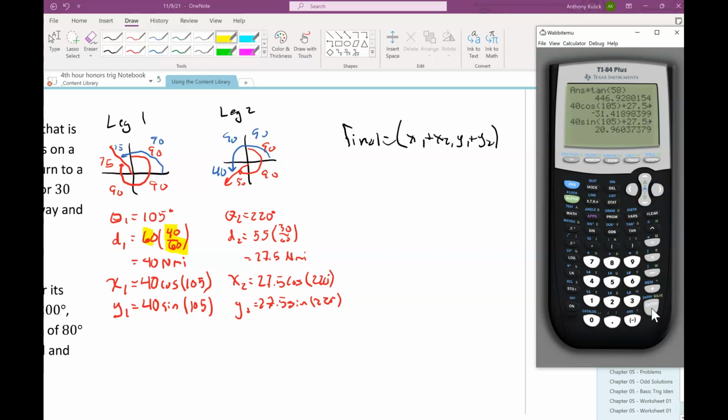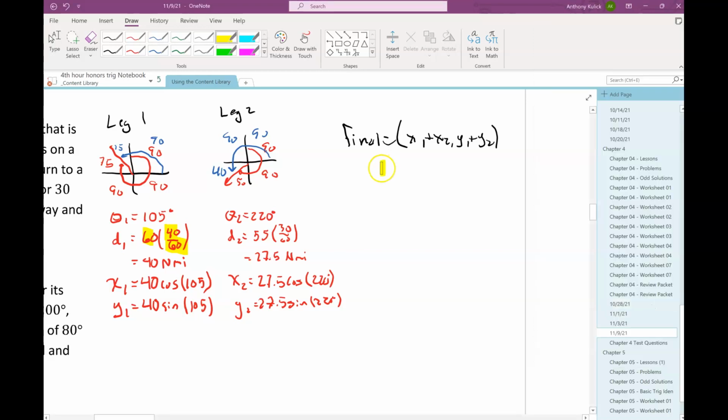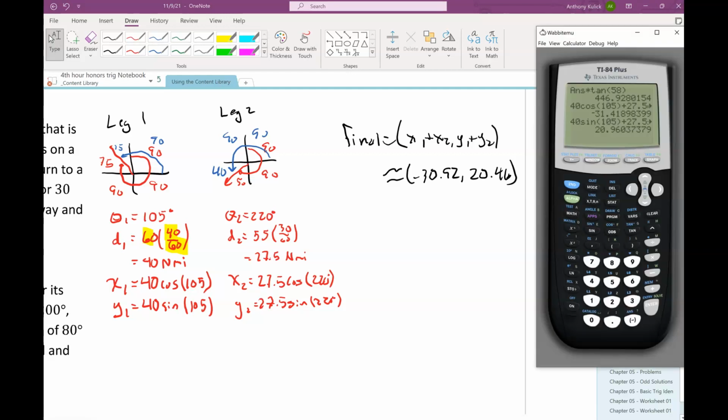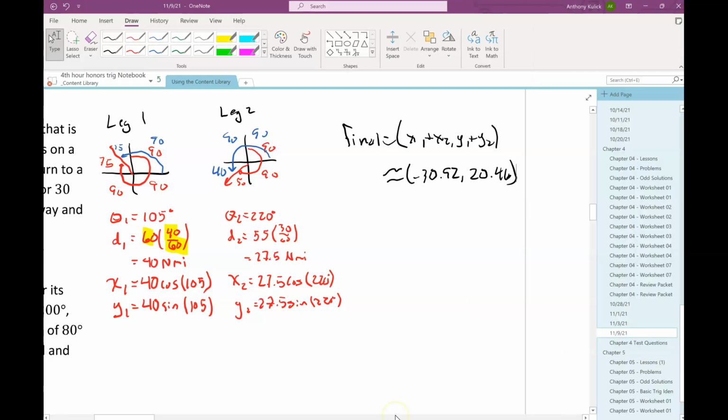So I have negative 31.42 and then 20.96. Let me just double check that I copied that right. 20.96.